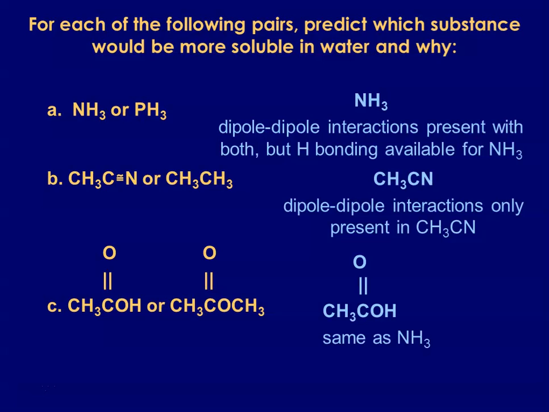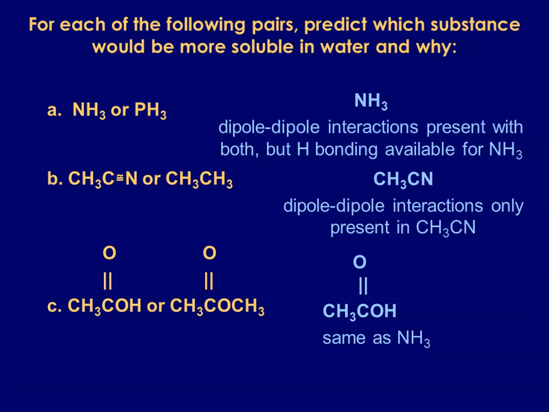So it would be that first molecule, and again, the same reason as NH3, because they can both form those dipole-dipole interactions, but only the hydrogen bonding is present for NH3. For CH3, C double bonded O, OH.